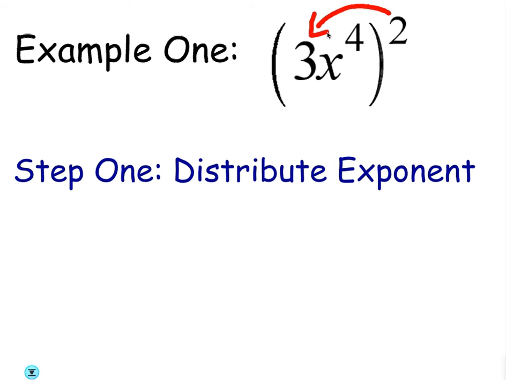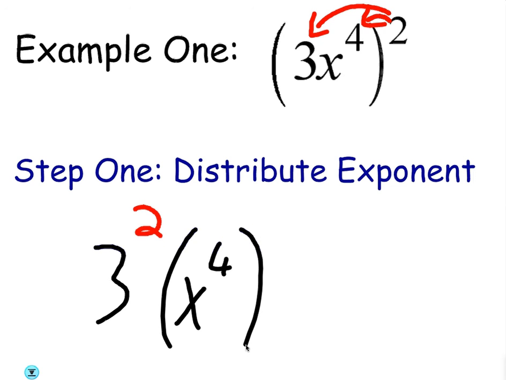So the 2 is going to be applied to the 3, and it's going to be applied to the x to the fourth. So the way that's going to be written is you're going to have 3 with the exponent of 2, and then you're going to have the x to the fourth with an exponent of 2. You don't really need the parentheses as long as you understand it's x to the fourth to the 2, but without it, it would kind of look like x to the 42.